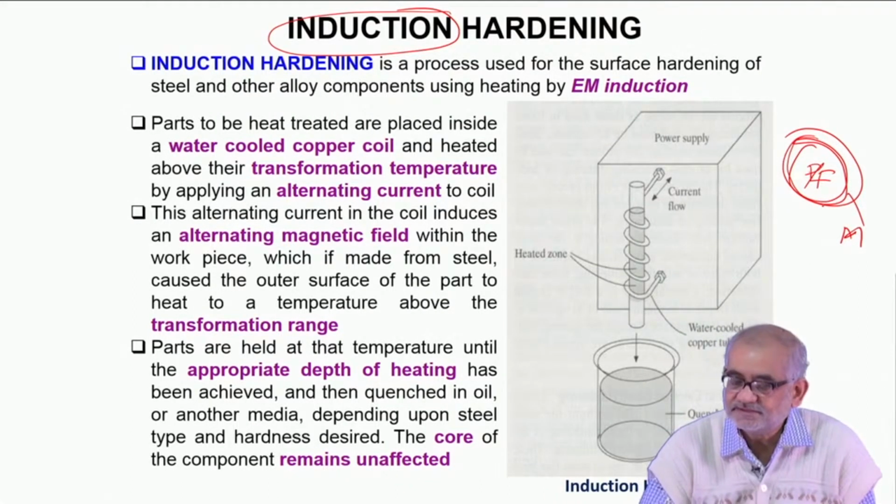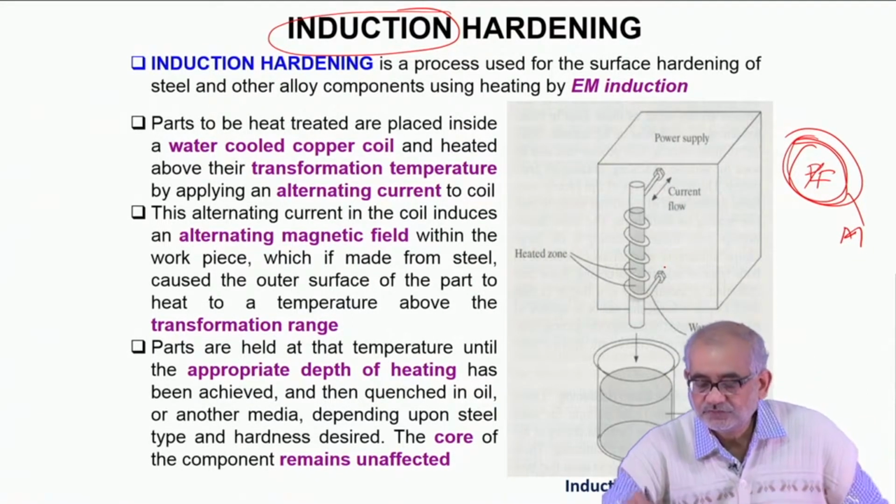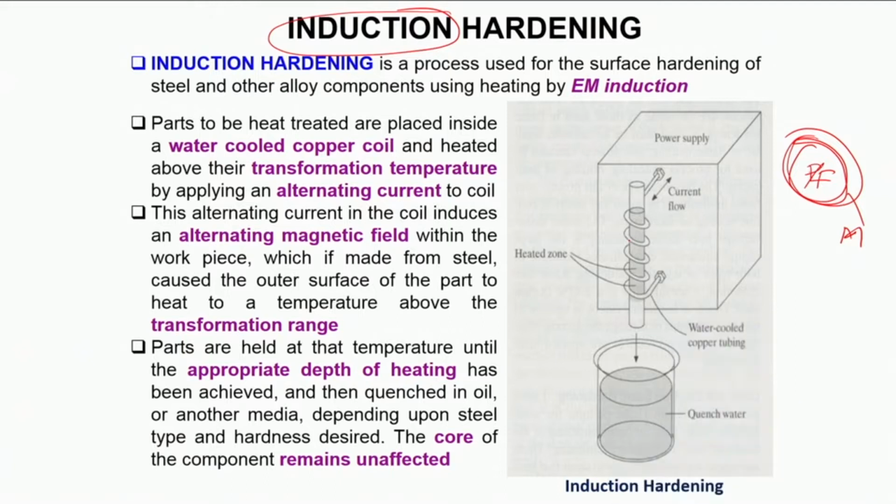With that intention, we simply have a toroidal coil, an electromagnetic induction coil, through which this rod can be inserted, and we apply very high frequency current so that electromagnetic fluxes are created, and the fluxes intersect the surface, and in the process through eddy heating they create heating on the surface.